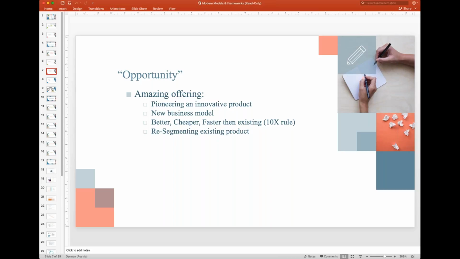And the last one is resegmenting an existing product. This just means reusing the same product to solve a different pain, a different need in a different market, but based on the same architecture. Next slide, please.